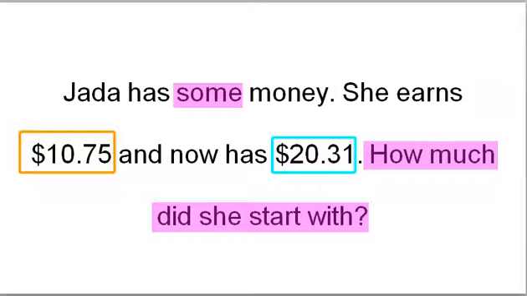And if I know my whole is $20.31, what operations can I use to find that missing part? Go ahead and continue working on your planning section, writing down those quantities and filling each section out. Once you have finished the entire page, unpause and we can check your work together.